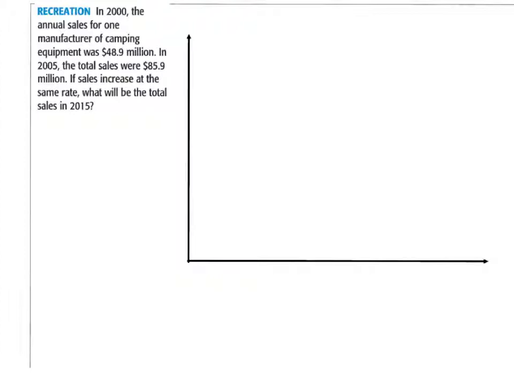And this starts at 2000. So at the bottom here, this is going to be time or years, starting at 2000. Now I don't need to put a mark for every year. I only need to put a mark for, let's say, every 5 years, since this goes from 2000 to 2005, and then I want to find out what 2015 is.